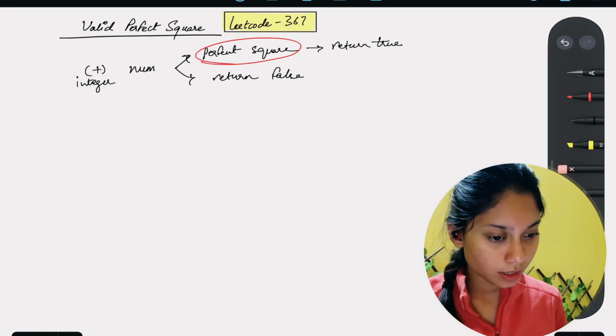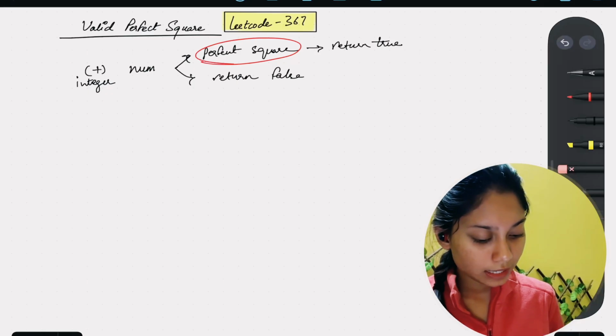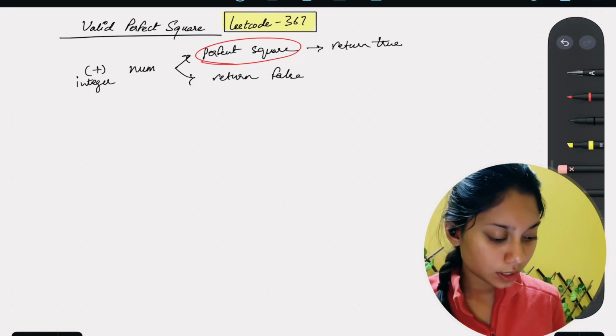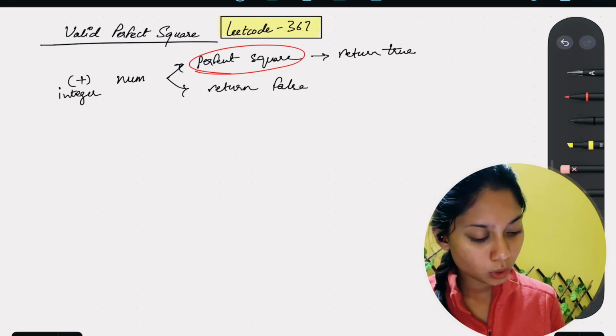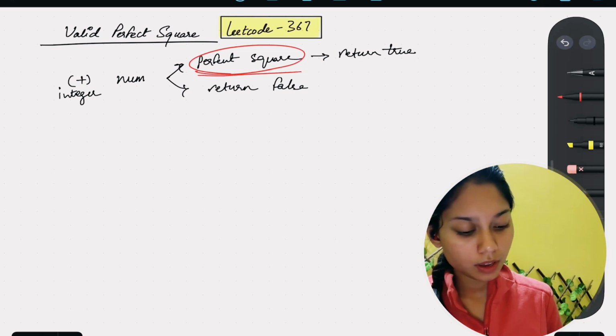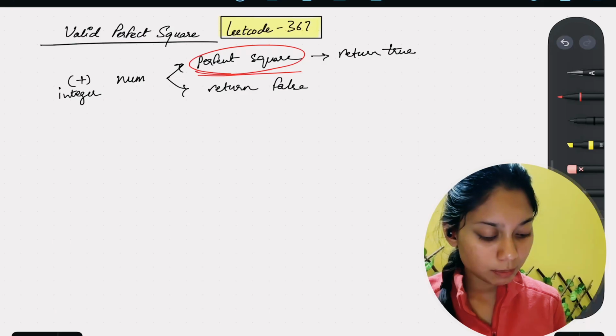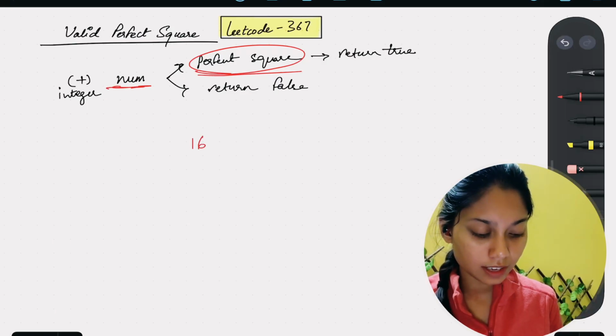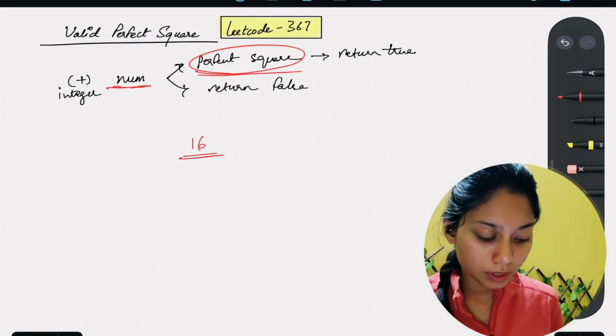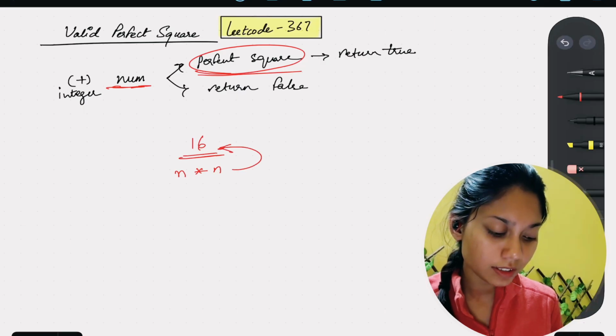Now let us look at the logic building and then the pseudocode of the solution. So first of all, let us understand what a perfect square is. For example, if we take 16 that was given in the previous example, there has to be a number that could be multiplied by itself, that is n times n, and it should result in 16.